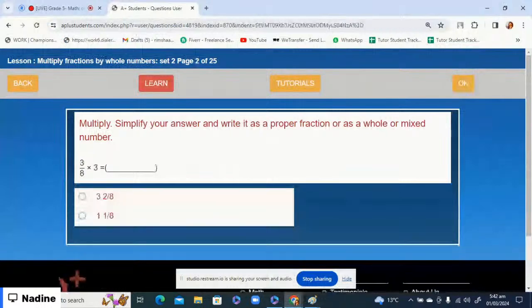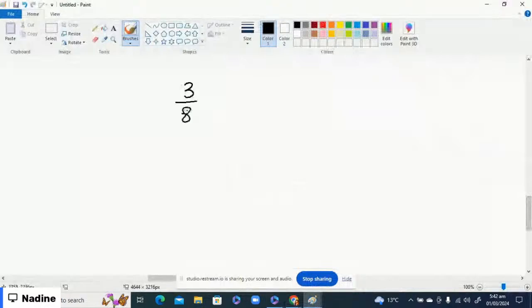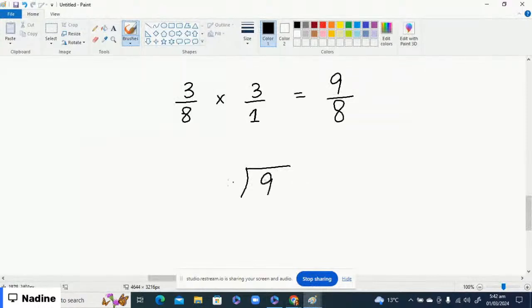Okay, 3 by 8 times 3. Let's do that one. Converting 3 into a fraction, here is 1. 8 times 3 is 9. 8 times 1 is 8. Again an improper fraction. Let's divide. 9 is inside and 8 is outside.